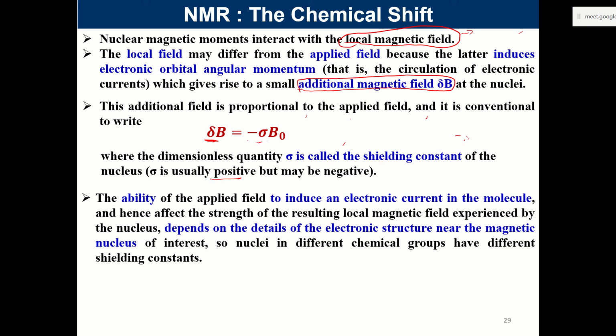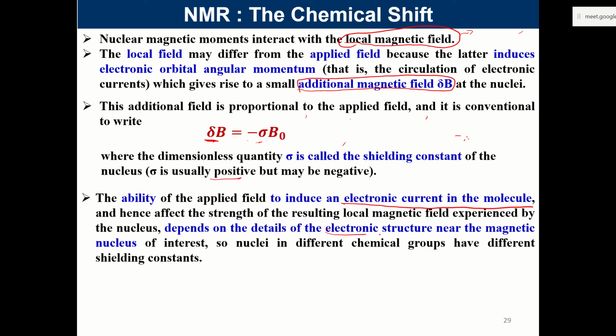The external field will induce an electronic current in the molecule, and this is going to create a local magnetic field, which will affect the overall magnetic force or magnetic torque. When you talk about a dipole in a magnetic field, the torque experienced will be different, so that is the net effect that you will see.